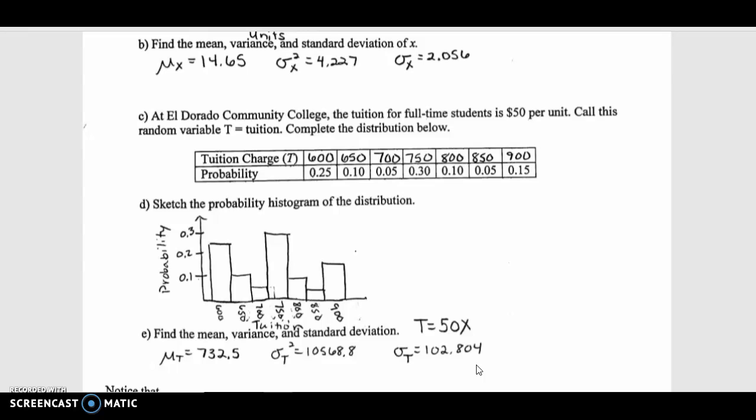And something that's a little bit unique, if you look at the variance, again, variance is sigma squared, 4.227 is now, obviously, 10,568.8. This should make sense because variance is standard deviation squared, so I'm not multiplying by 50, but if I want to find the new variance, I'm really multiplying it by that 50 squared.